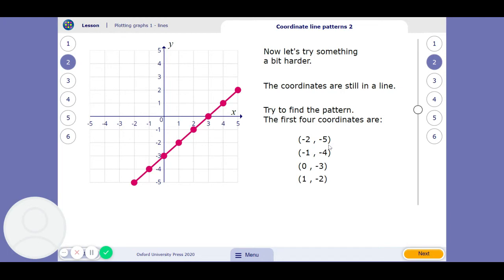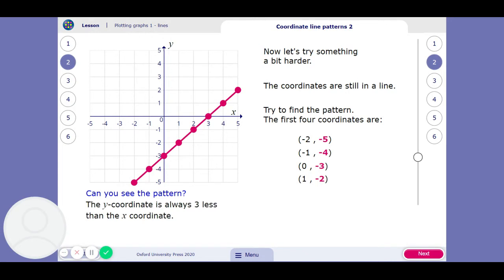What do you have to do? If you want to go from -2 to -5, what do you have to do? If you want to go from -1 to -4? From 0 to -3? From 1 to -2? You've got to take away 3, haven't you? So you've always got to take away 3.